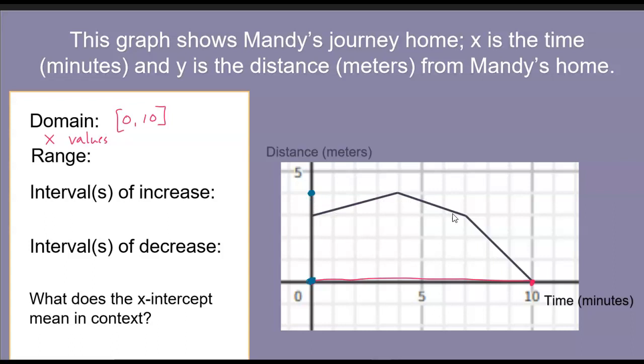And all the points in between exist, so we're going to draw a line here. And our range, the lower bound is 0, the upper bound is 1, 2, 3, 4. So lower bound, upper bound, filled in dot, filled in dot.